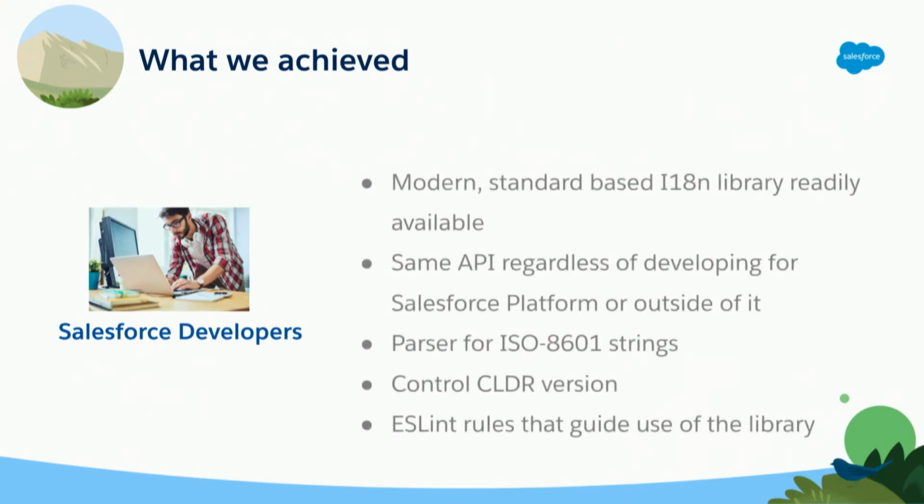For Salesforce developers, we gave them the modern standards-based library. They can use the same API regardless of whether they are on or off the Salesforce platform. But again, this is tied to our Lightning Web Components. So this is our main use case. And Lightning Web Components is open source.